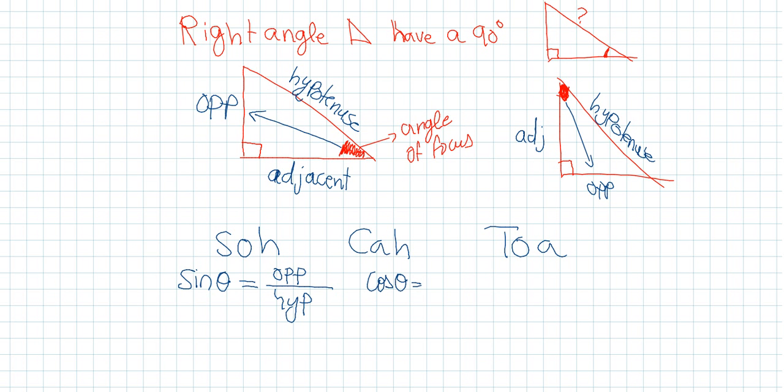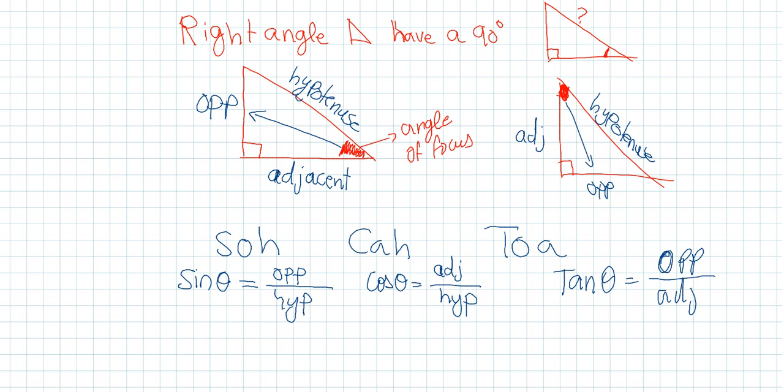And how about TOA? T stands for tan. Again, angle theta is opposite over adjacent. Excellent. Okay? So, if it's a right angle triangle, I can use any of these three ratios to solve for either a side or an angle.